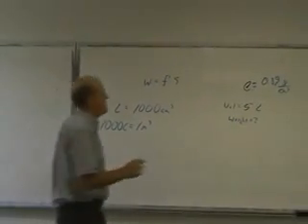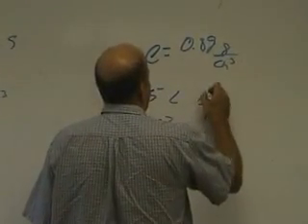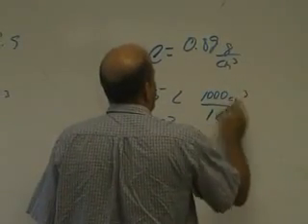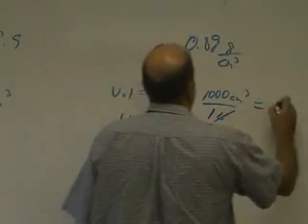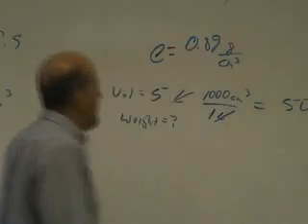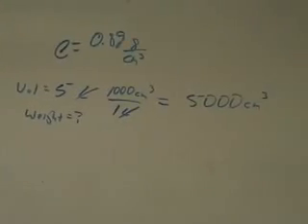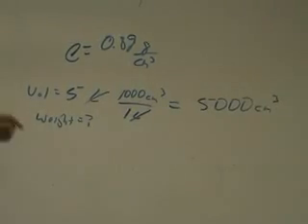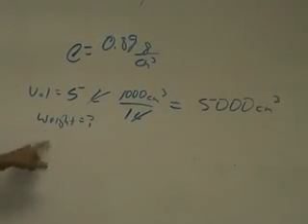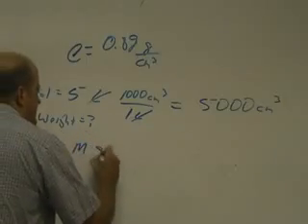So for 5 liters, 1 liter is equal to 1,000 centimeters cubed, so 5 liters is equal to 5,000 cubic centimeters. This is kind of where we left off last time. Ultimately, we talked about weight. We know the weight is equal to the mass times gravity.